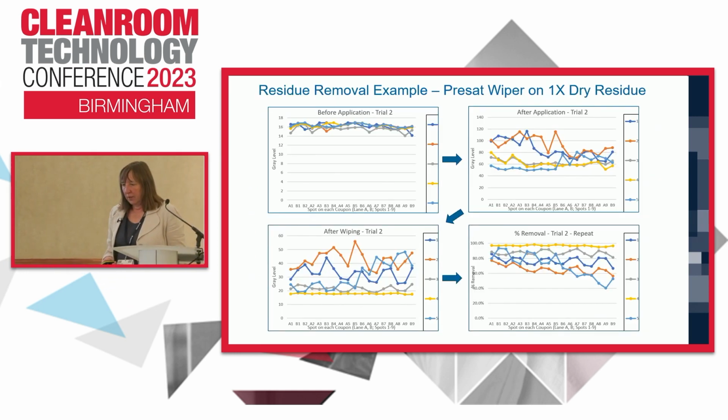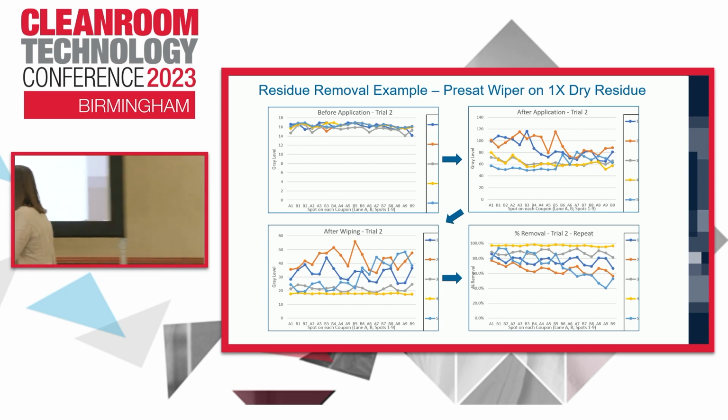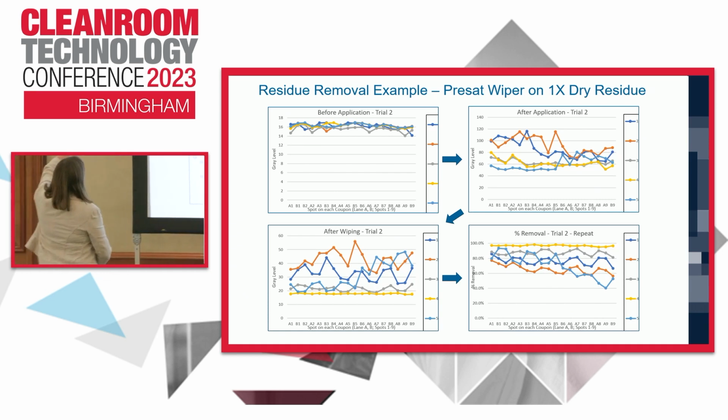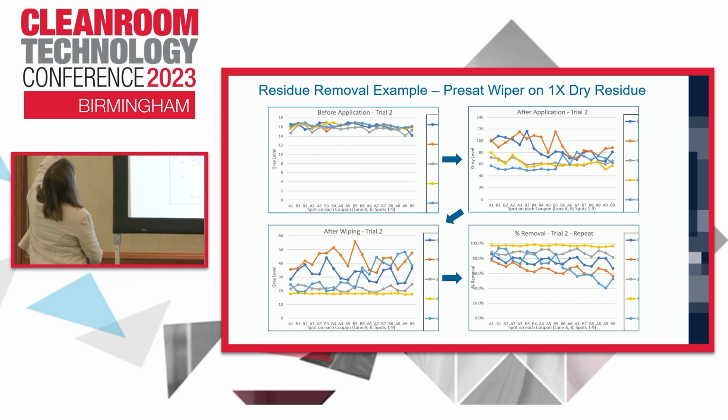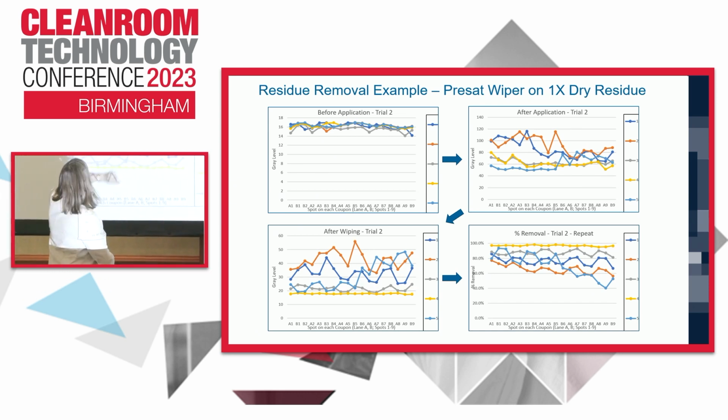Now, you need to bear with me on this slide because whoever created the graphs used different scales, so it's not quite as obvious as it could be. Before application, you can see it's got about 16 units. And then after we'd applied it, it went up to 60, 80, 100.